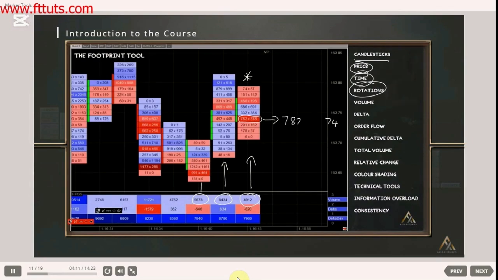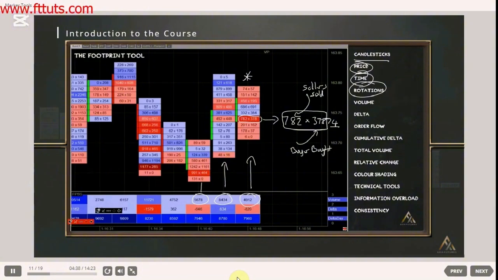So what we've got here is 782 times by 378. Now, all this represents, on the left side, is what the sellers have sold at price point 74. On the right side, we have what the buyers have bought at price point 74.